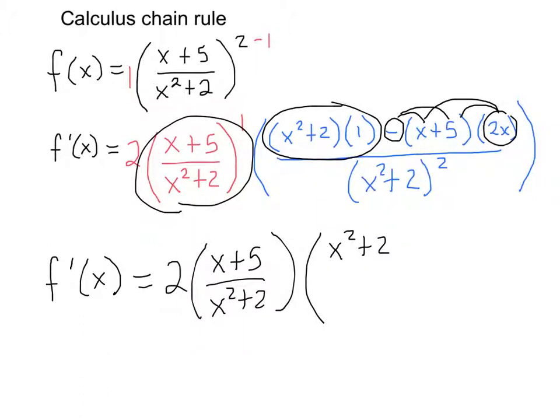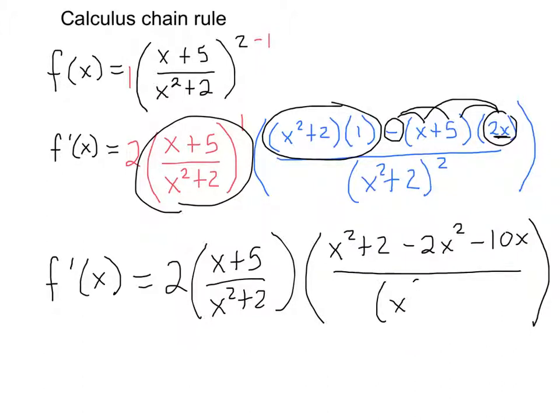And when I do that, I get negative 2x squared minus 10x, because 2x times x is 2x squared, but then when I distribute the negative, I get negative 2x squared. And 2x times 5 is 10x, and then the negative makes it a negative 10x. And that's all over x squared plus 2 squared.